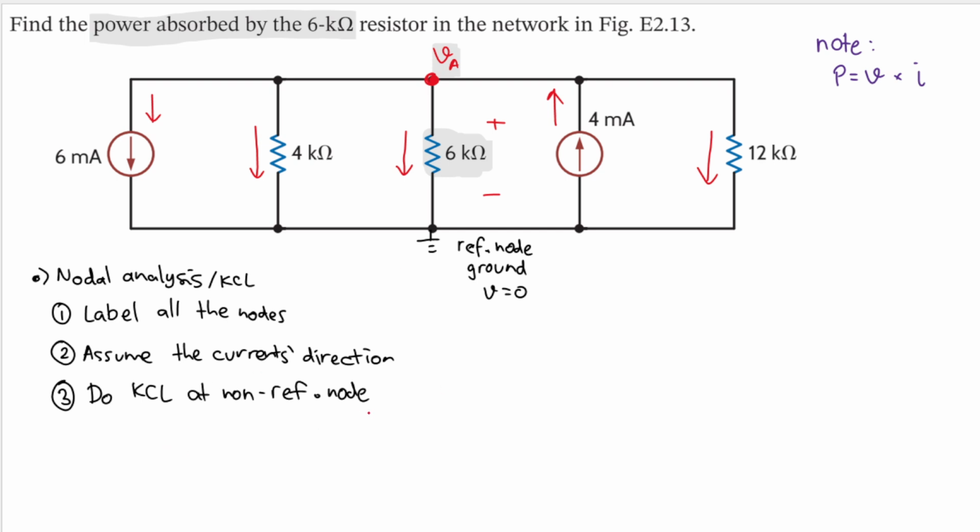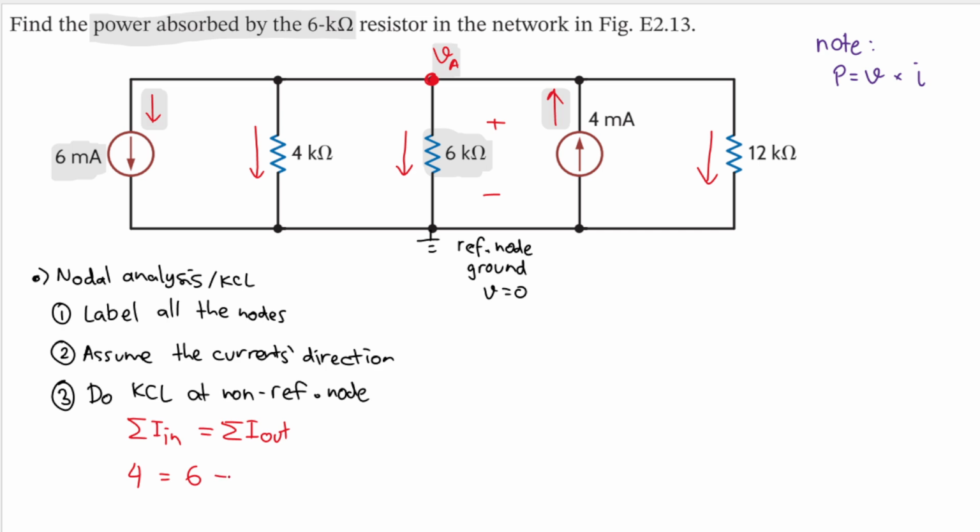KCL says that the sum of the currents that go in will equal the sum of the currents that go out, right? The only current that goes into VA comes from this one here, which is 4 milliampere. We can just write 4 milliampere there. And then let's do all the currents that go out. The first one we know exactly, which is 6 milliampere. So we will have 6 here.